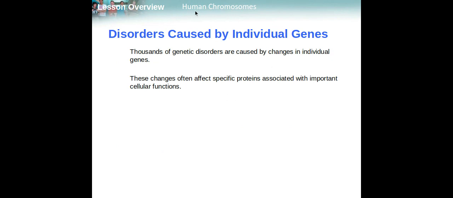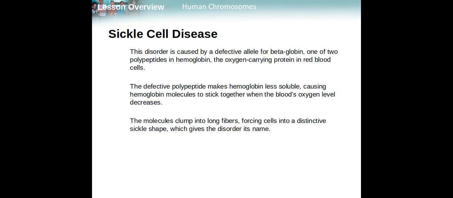Thousands of genetic disorders are caused by changes in individual genes. These changes often affect specific proteins associated with important cellular functions. Let's go through an example, sickle cell disease. This disorder is caused by a defective allele for beta globin, one of the 2 polypeptides in hemoglobin, the oxygen-carrying protein in red blood cells.